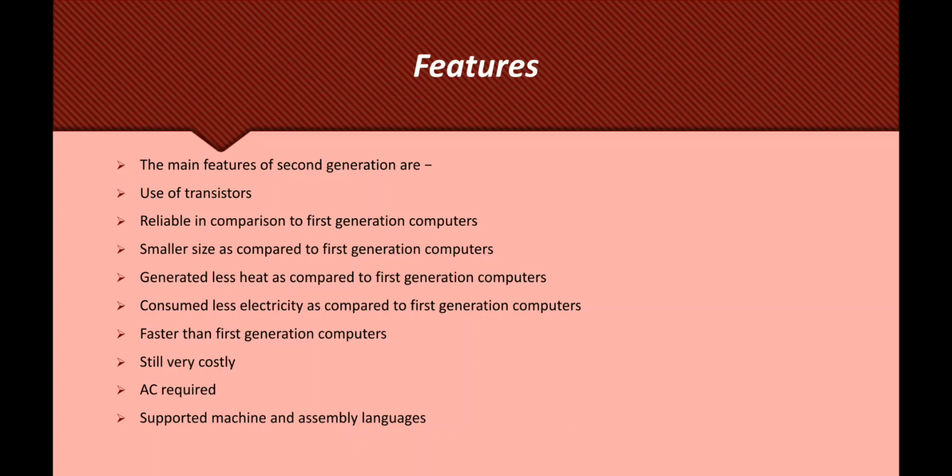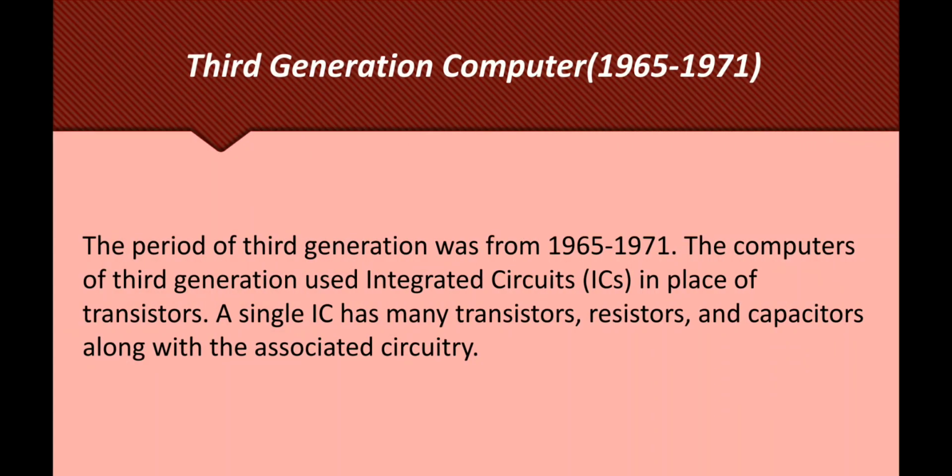Let's discuss the third generation, which is between 1965 and 1971. In the third generation of computers, integrated circuits were used. In the first generation there were vacuum tubes, in the second there were transistors, and in the third generation they reduced the size of the computer system, so they used integrated circuits, also known as ICs.